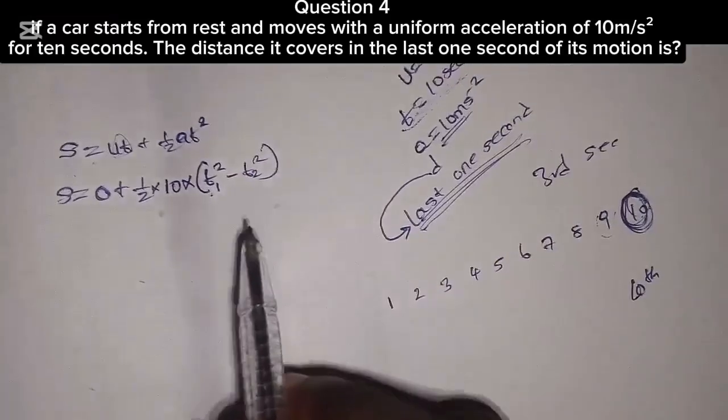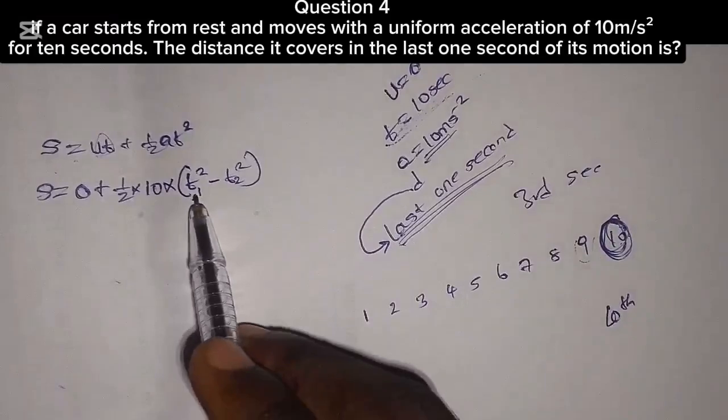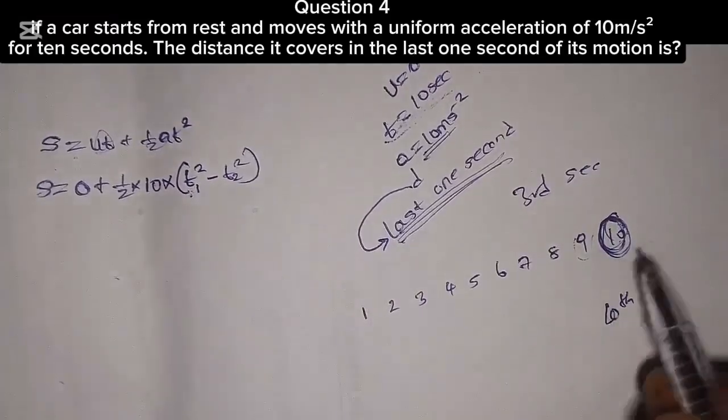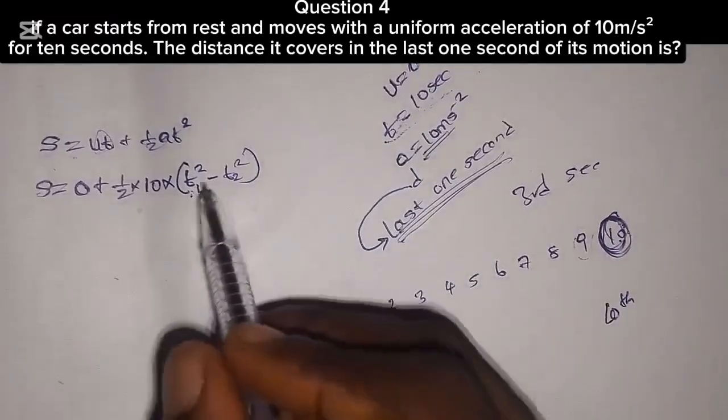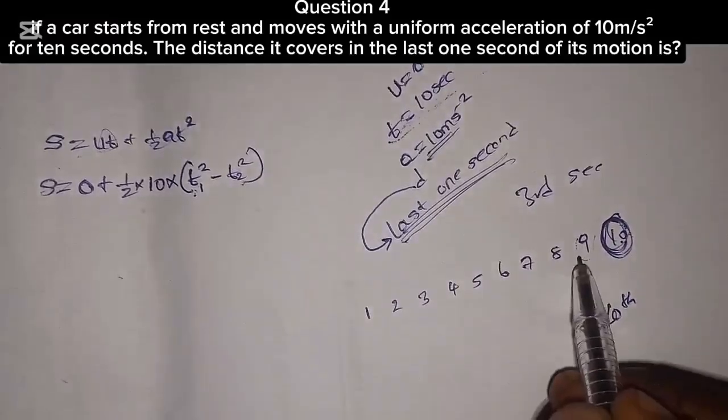To solve this, T1 square is the 10th second, while T2 square is the 9th second.